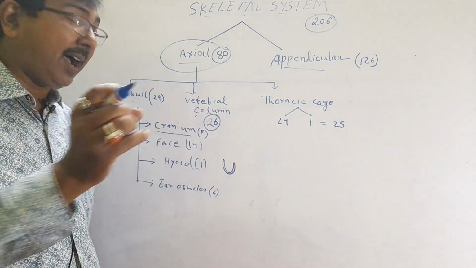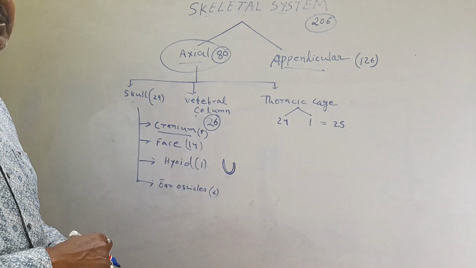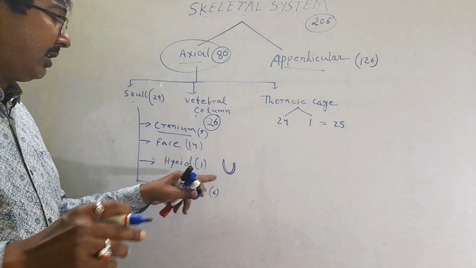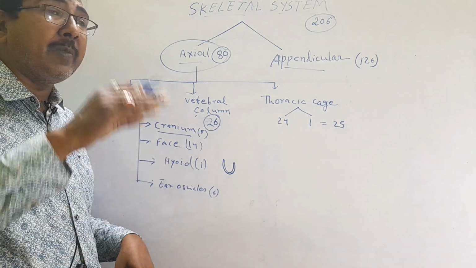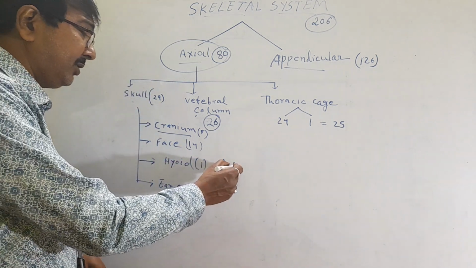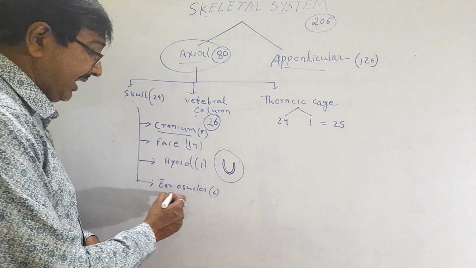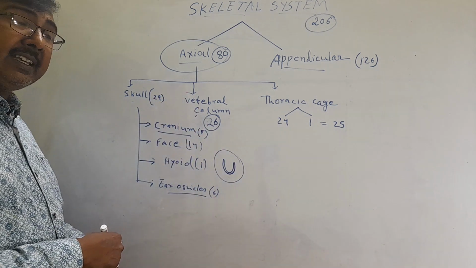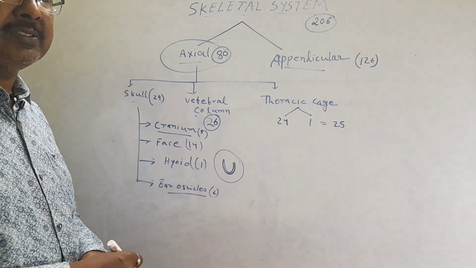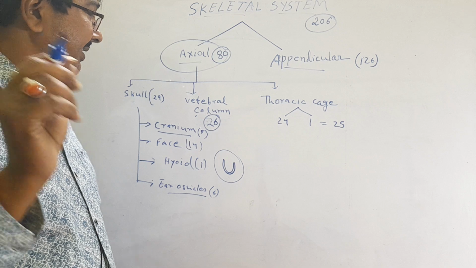It does not join any other bone. Its function is to help the movement of the tongue and larynx. Then the ear ossicles: these 3 bones are malleus, incus, and stapes.